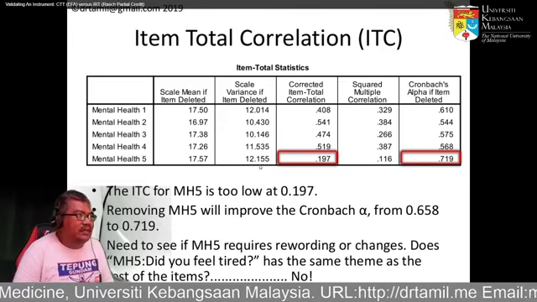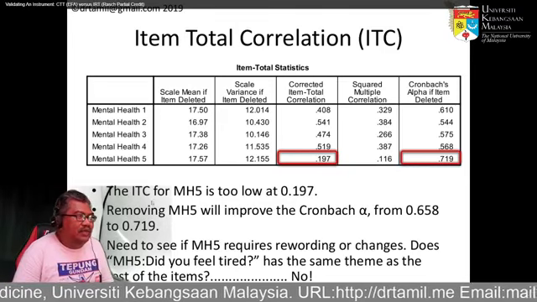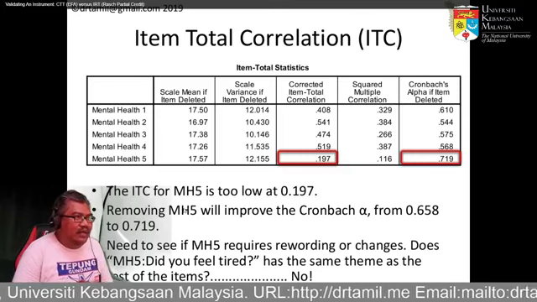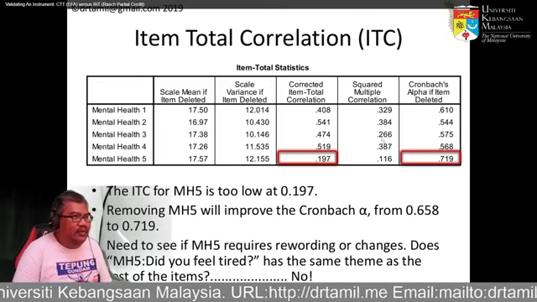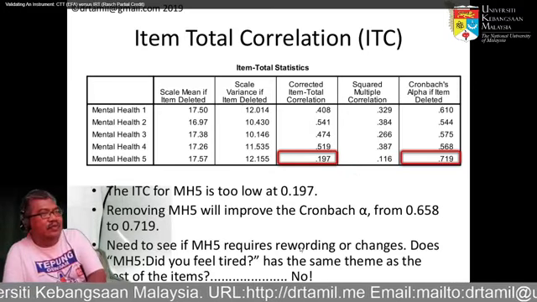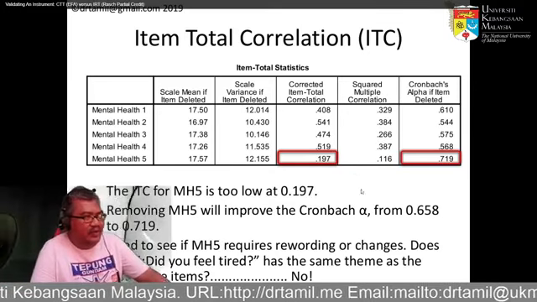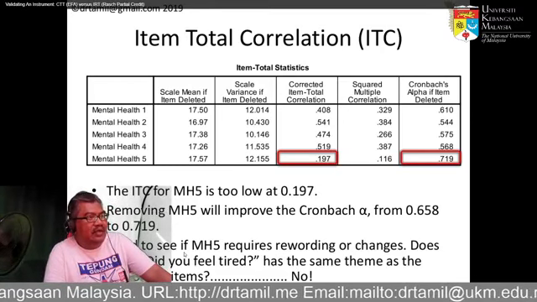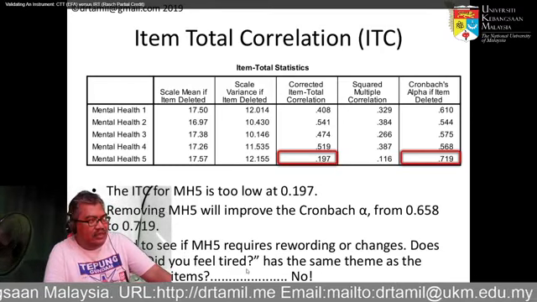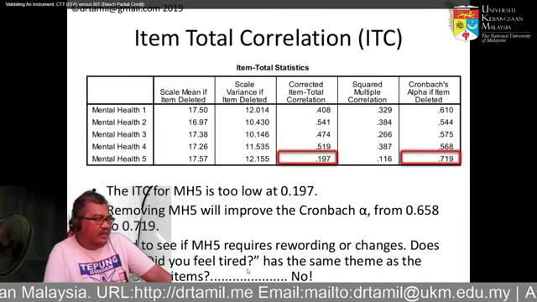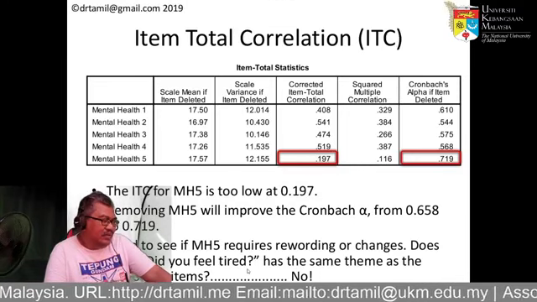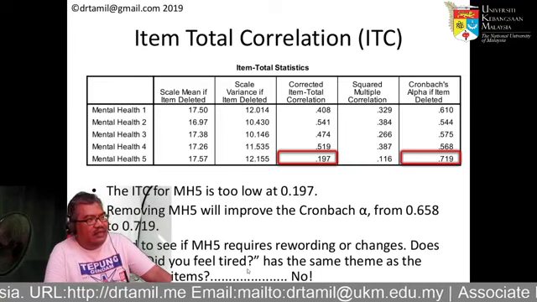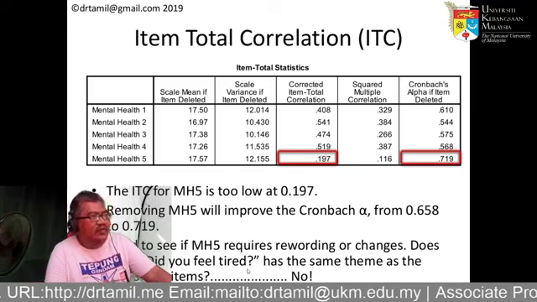You can see here the item total correlation is very bad, 0.197. By removing it, you will improve the Cronbach alpha from 0.658 to 0.719. So we should relook at the question. Maybe question number 5 is not really measuring mental health. Maybe it is really measuring physical function, because they say, do you feel tired?